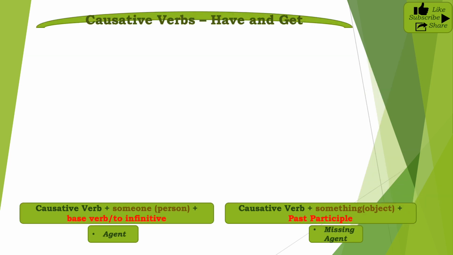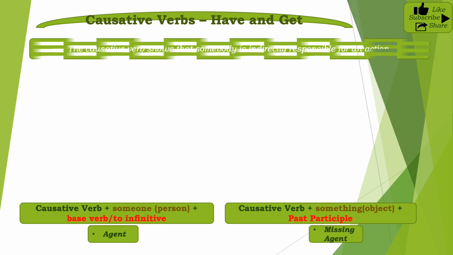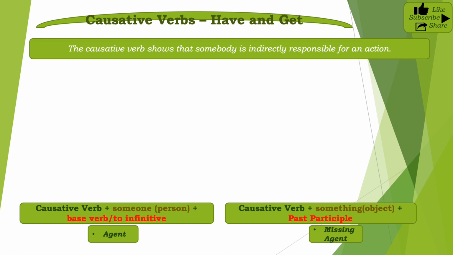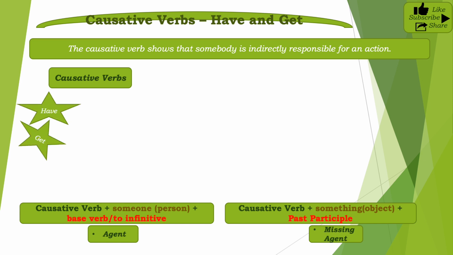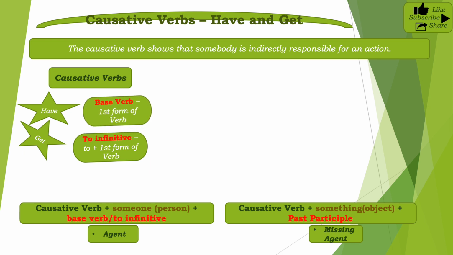Let's discuss more about the causative verbs have and get. We already know about the definition of causative verbs. In this slide, we are going to talk about causative verbs get and have. And we know get takes to-infinitive and have takes base verb, that means first form of verb. You can see on your screen, I have shown you the two different structures that we just talked about.